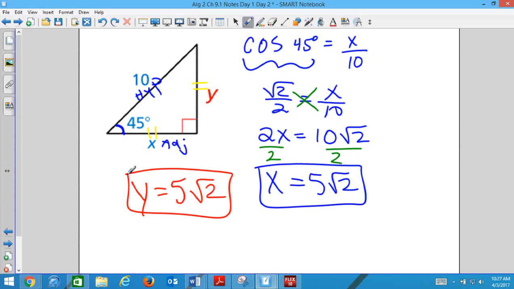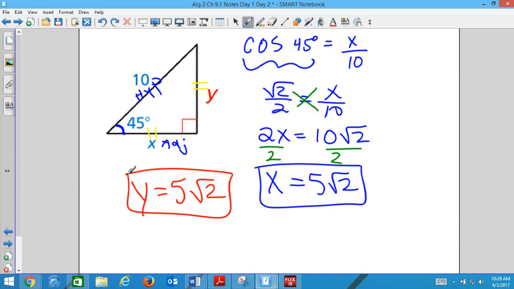You can, but it's going to take you about 4 times as long. Once you've done these a bunch, you're going to have them memorized, and it's going to save you a lot of time. You can do Pythagorean theorem. Or we could just say we're doing adjacent, adjacent of 30.